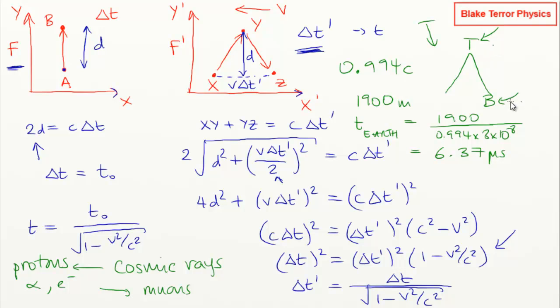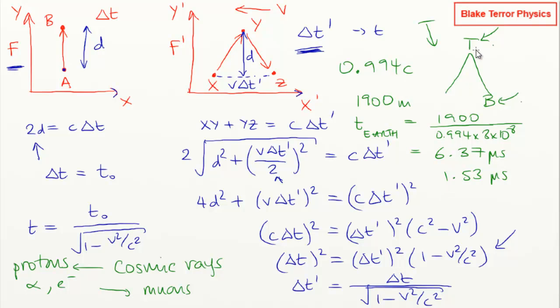And that's if the clock is in the frame of reference of the Earth, the rest frame of the Earth. Now, the half-life at rest of a muon is 1.53 microseconds, so significantly less than the 6.37 microseconds.